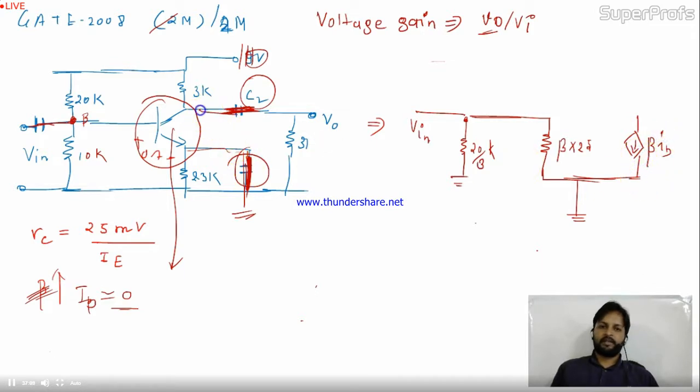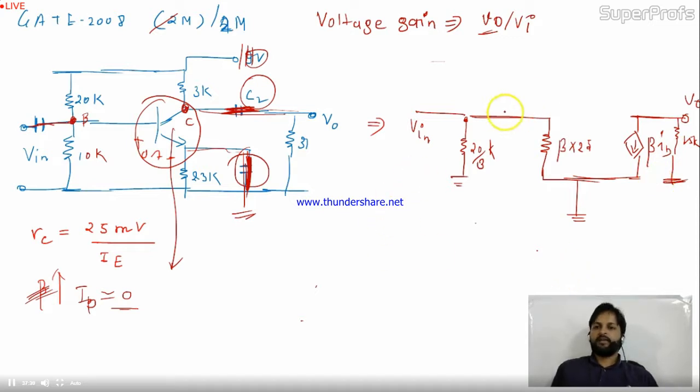The collector itself has two resistances, one from point C to ground 3K, and another from point C to ground 3K. So you can combine them and it will be 1.5K. And here you have to calculate your V0.